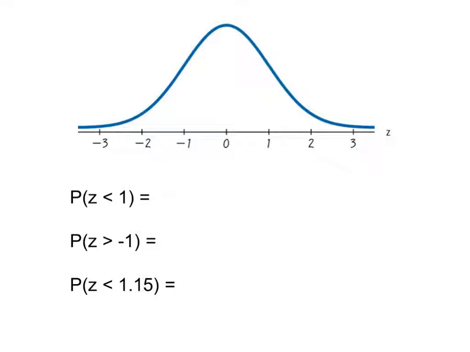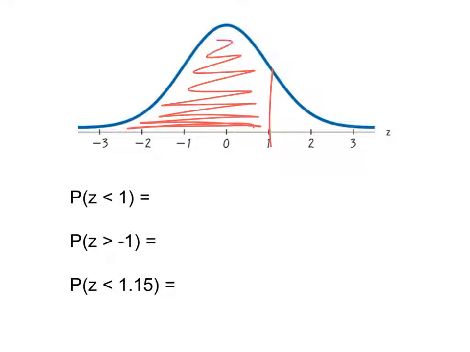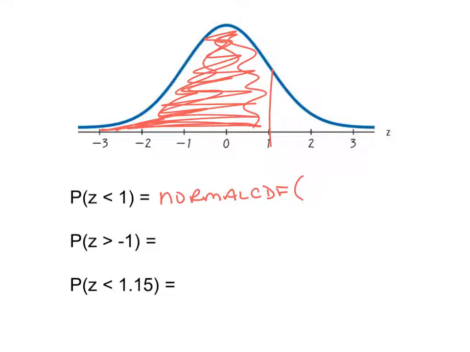If I want to know the probability that z is less than 1, here is 1, and I want to know the probability that z can be any of these values from 1 on down. So it's still a normal CDF. But I have to type in how far left am I shading, and then how far right am I shading.